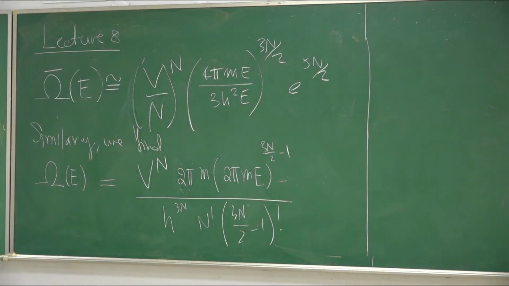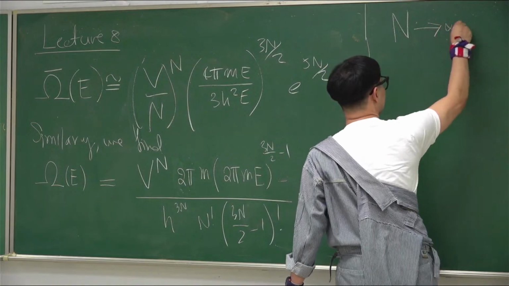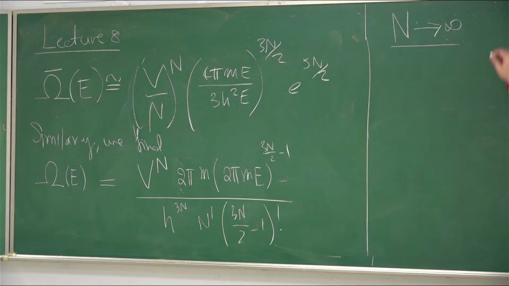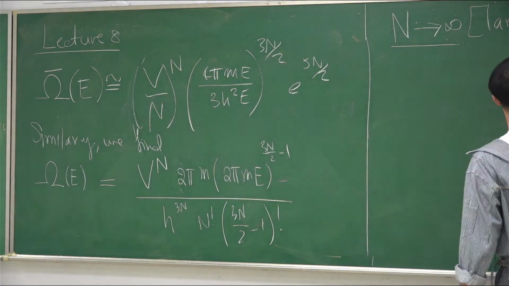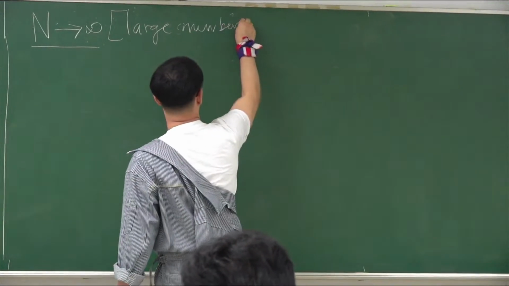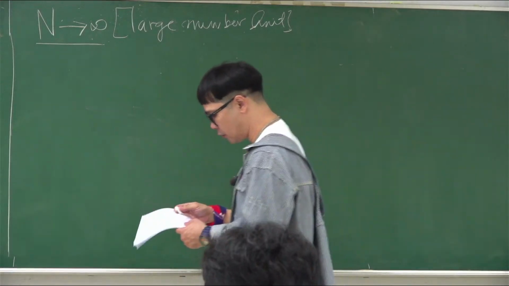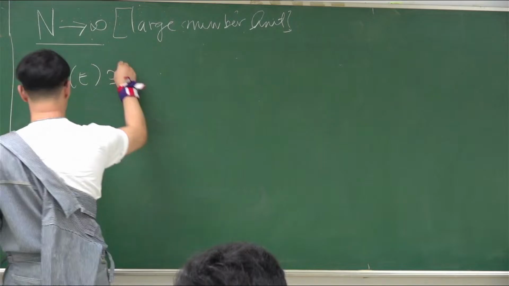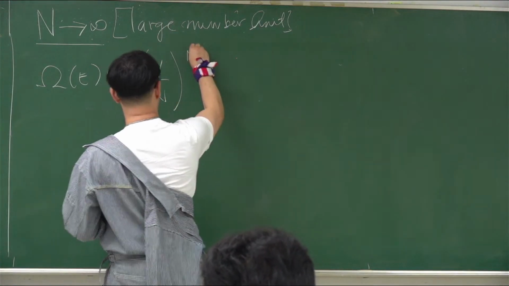Okay. So this is your omega, and then we consider this limit, large number limit. Okay, so your omega can be approximated into this form.